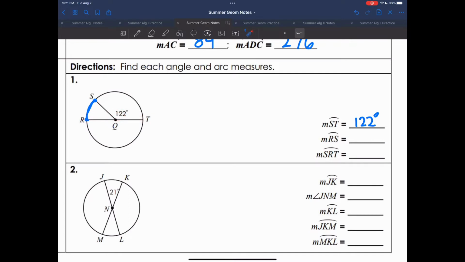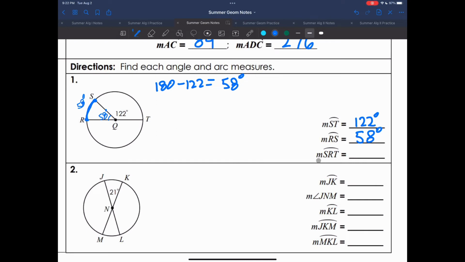So let's take 180 minus 122, and that's going to give us a remaining 58 degrees. If I fill that in right here, this little angle would be 58 degrees, which means the measure of the arc we're looking for is also 58 degrees. Let's fill that in over here.